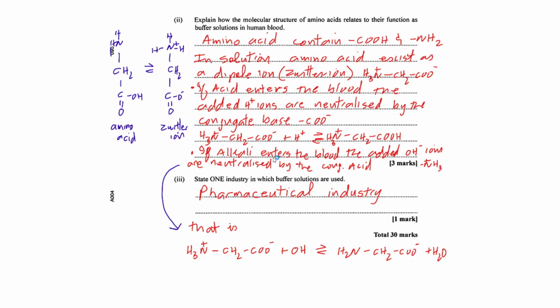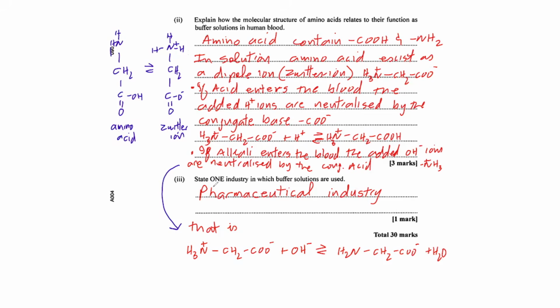If alkali enters the blood, the added OH minus ions are neutralized by the conjugate acid, which is the NH3 plus group. And as you can see here, this group is what counteracts the OH minus ions. And this then, the conjugate acid will donate a proton to OH minus, forming water. And this again will produce something that's already present in our blood, which maintains a constant pH.